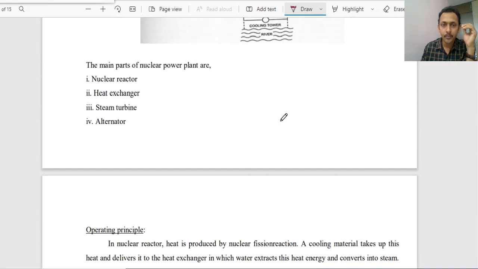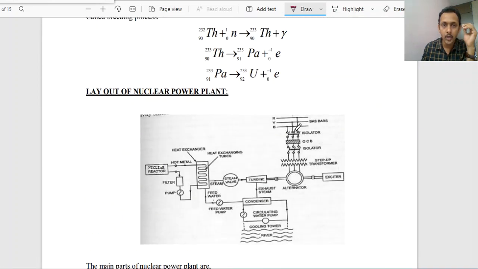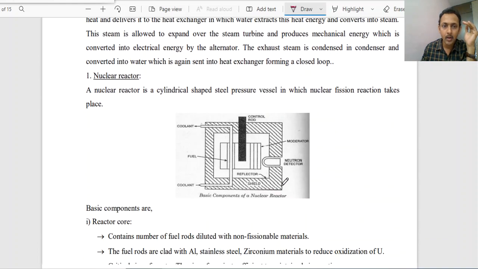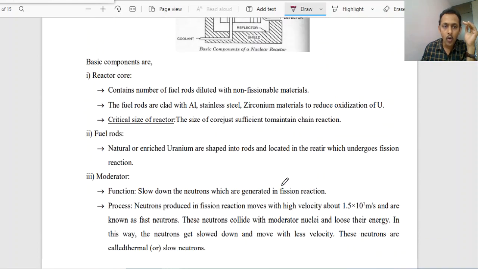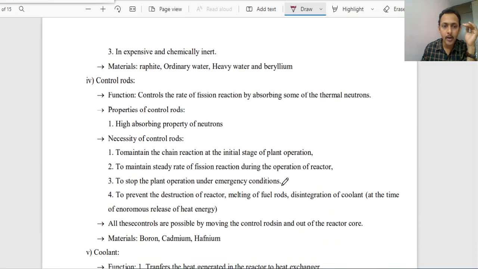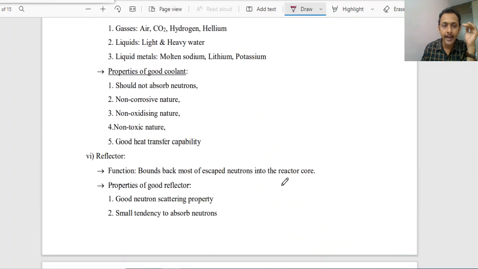If you observe the layout of the nuclear power plant, we are going to have four major components. One is the nuclear reactor, another one is the heat exchanger, steam turbine and alternator. Then there are the different components in the nuclear reactor, like reactor core, fuel rods, moderator and also control rods, coolant and reflector.